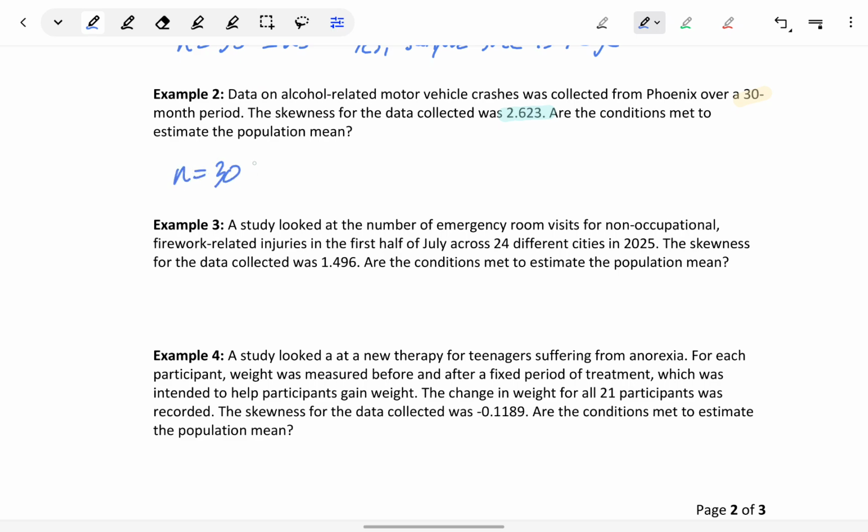Since we looked at a 30-month period, that's definitely greater than or equal to a 25-month period. So yes, in this case, despite the fact that the data is skewed, the sample size is large enough, so we can, in fact, estimate the mean.